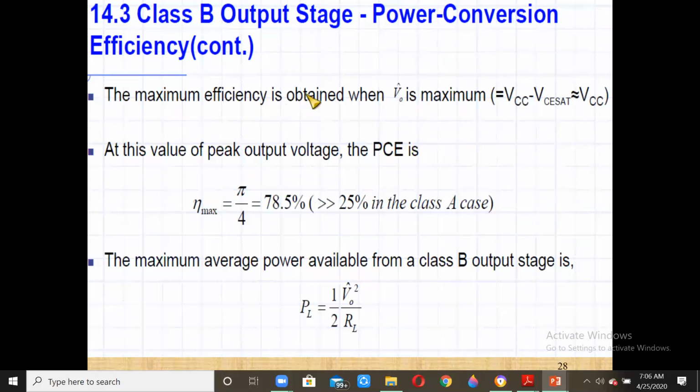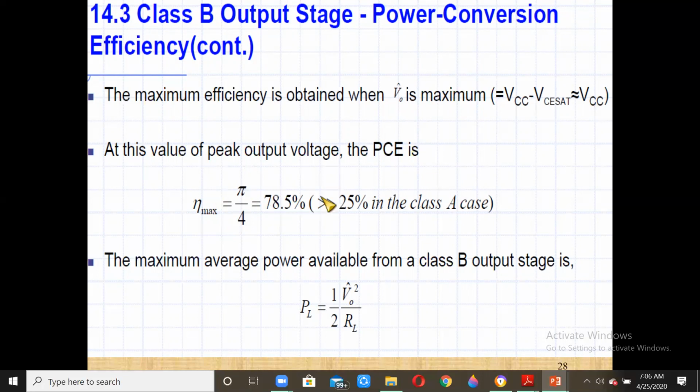So the maximum efficiency is obtained when V naught is maximum, that is VCC minus VCE sat, approximately equal to VCC. At this peak output voltage, the maximum power conversion efficiency is pi by 4, equal to 78.5%.